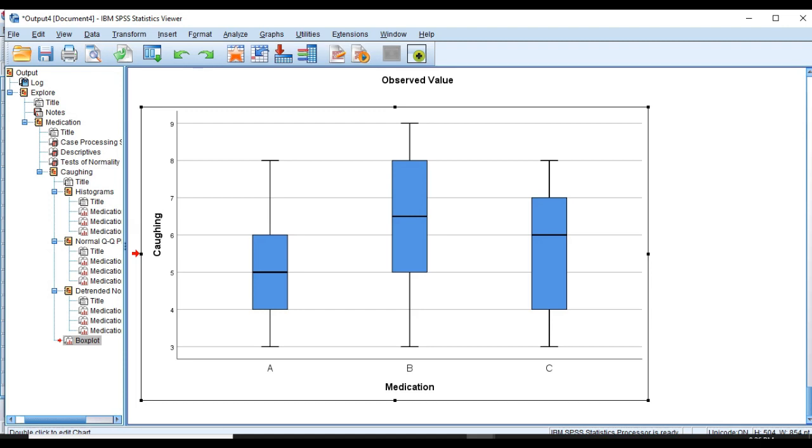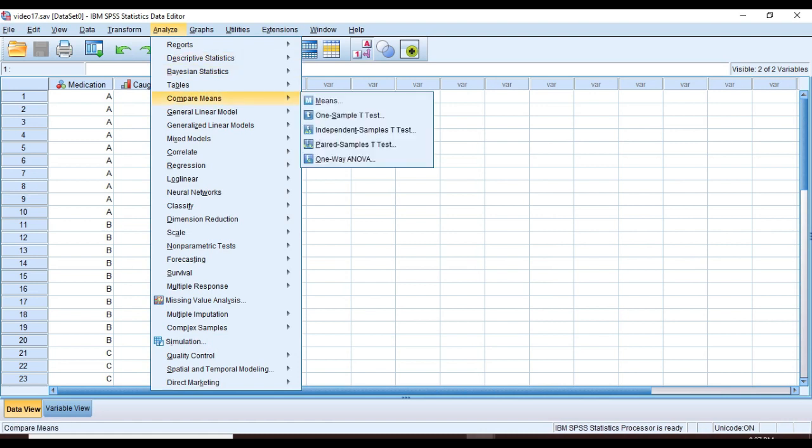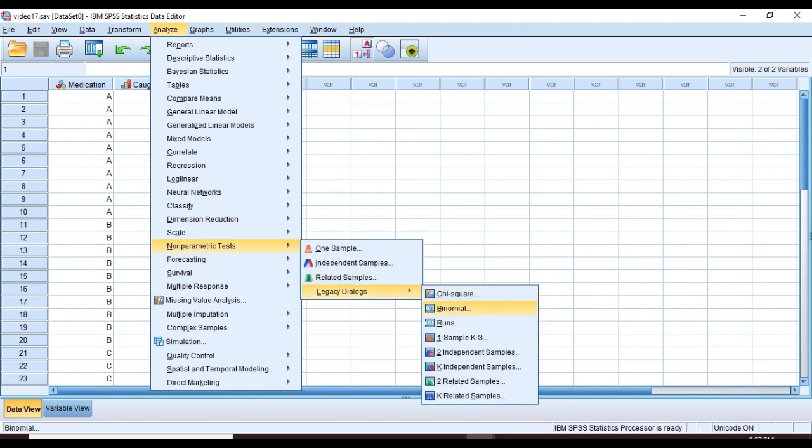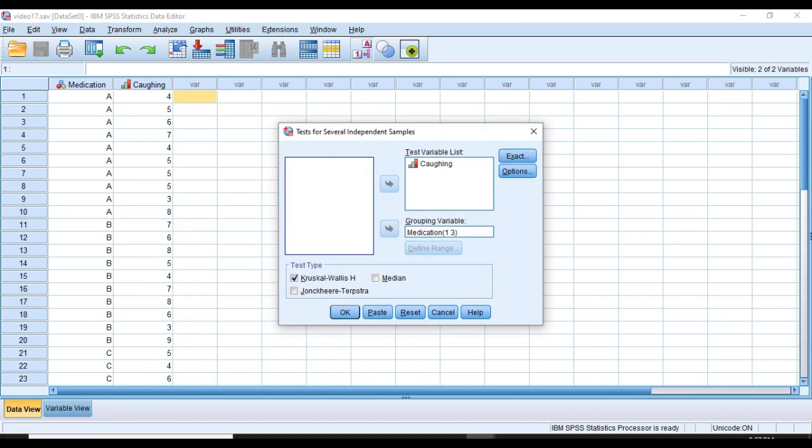And now to do the test, go to Analyze, Nonparametric Tests, Legacy Dialogs, and K Independent Samples. So in the window shown as Tests for Several Independent Samples, transfer the dependent variable, or coughing severity scores, into the Test Variable List box, and the independent variable, or medication treatment groups, into the Grouping Variable box.